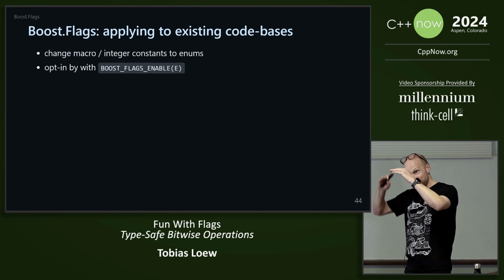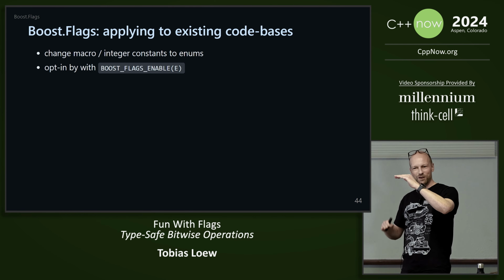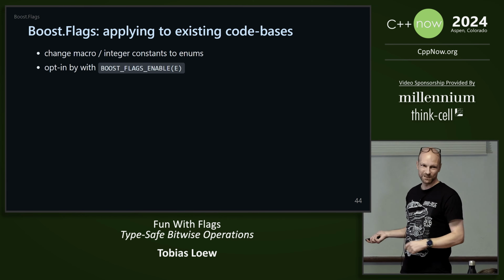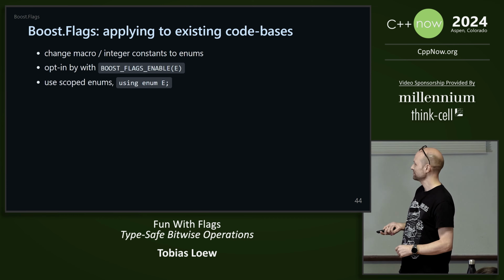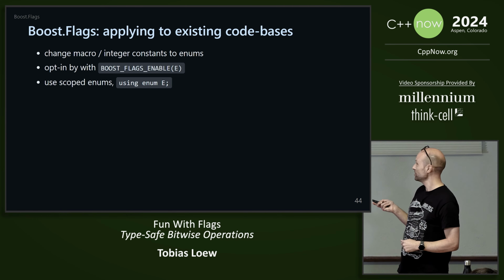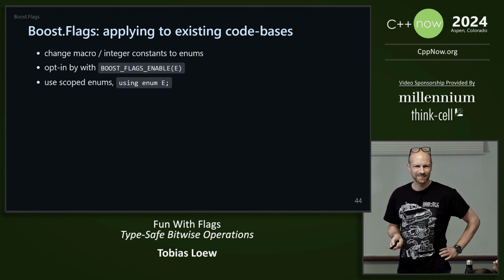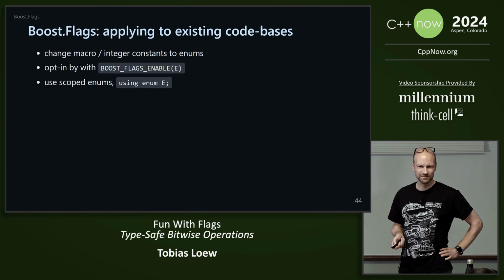You have to simply define all the operators as friend functions and forward to the library. So the best thing would be to use a scoped enum, and if you had an unscoped one, write using enum e below it.